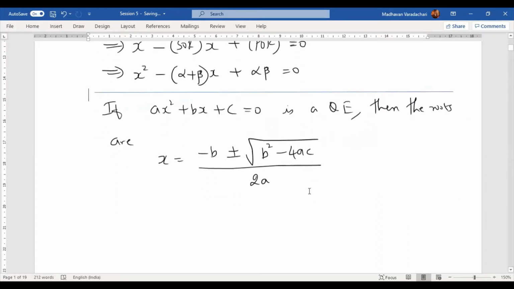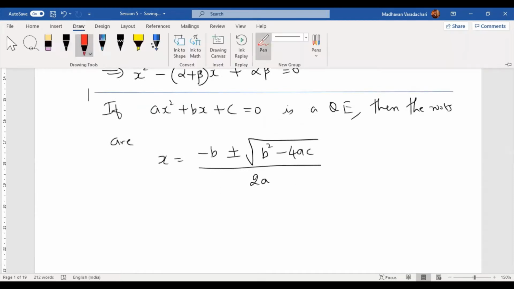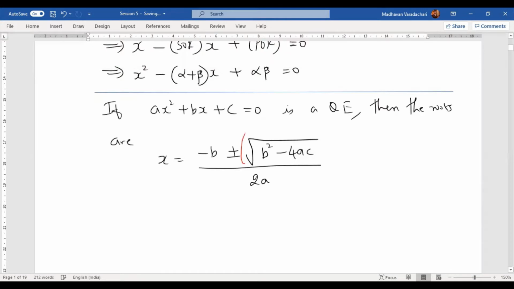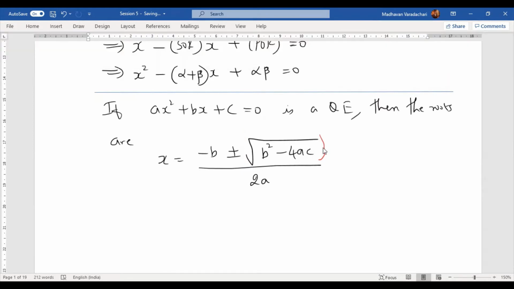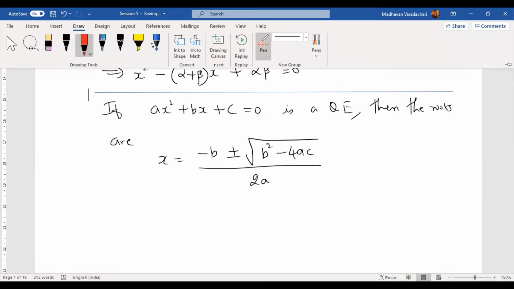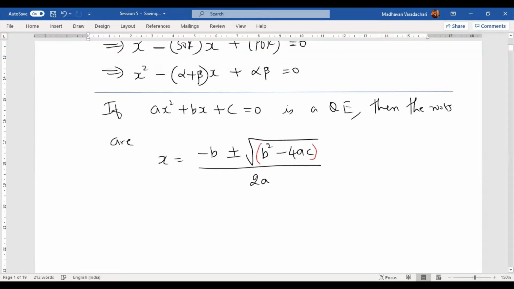Now, if we look into this term, I am just marking it in red. Let me go inside the bracket and put that red marking.